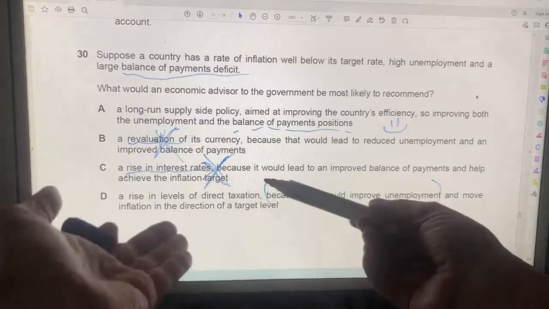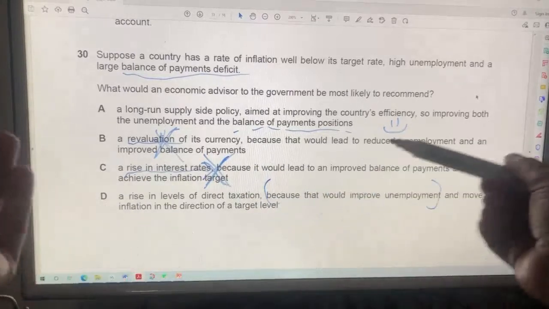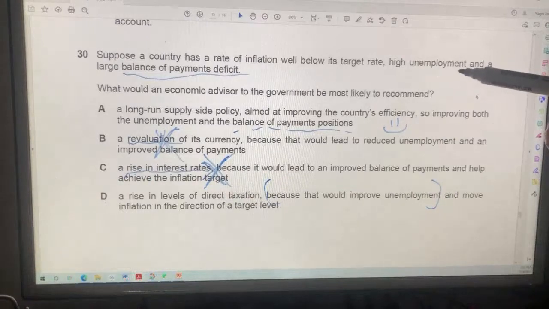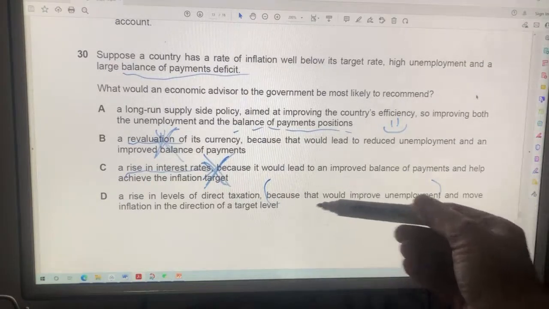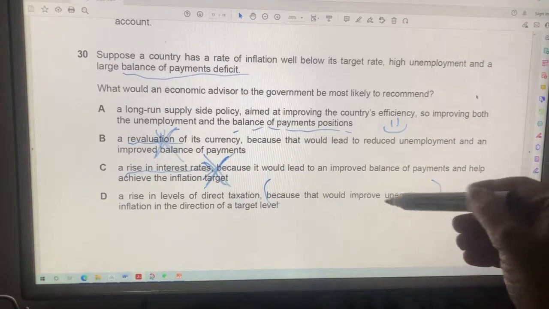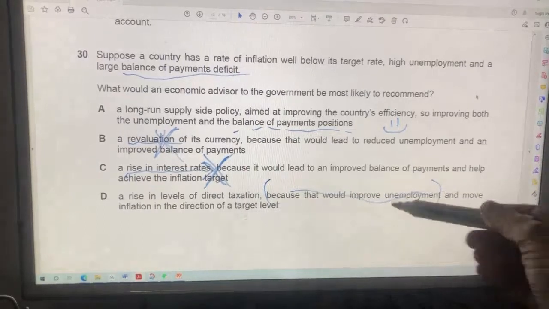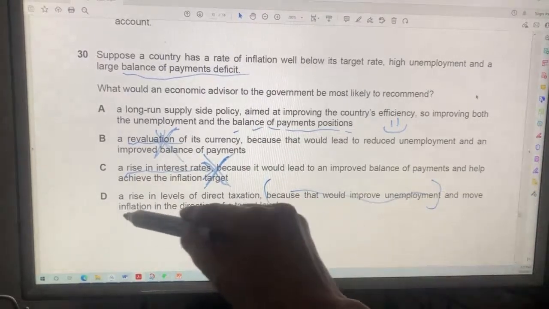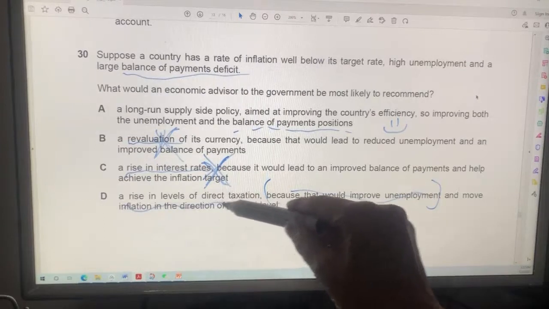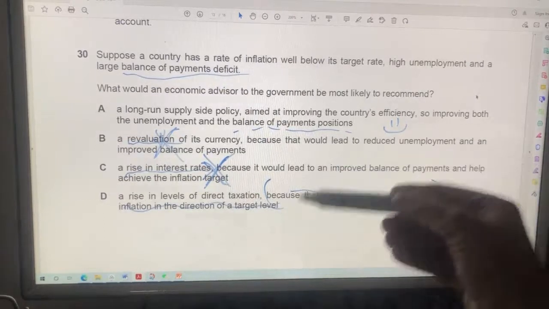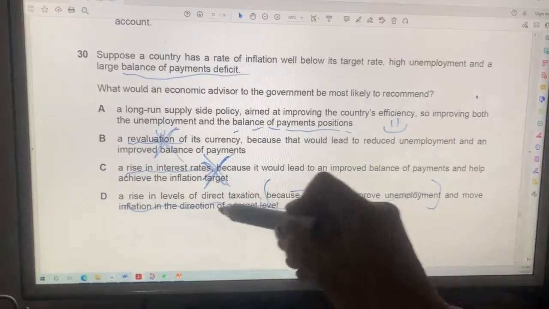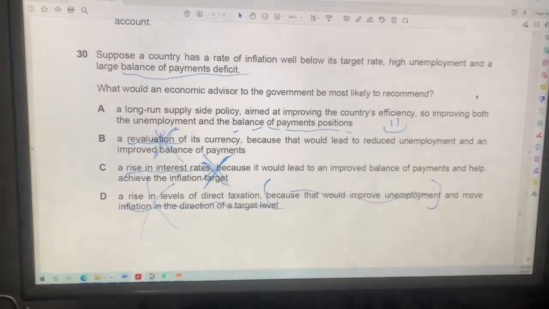That will reduce people's disposable income, and you already have high unemployment. So no, I think that would actually not improve unemployment and not move inflation in the direction of the target level. We want to increase inflation. So answer for 30 must be C.